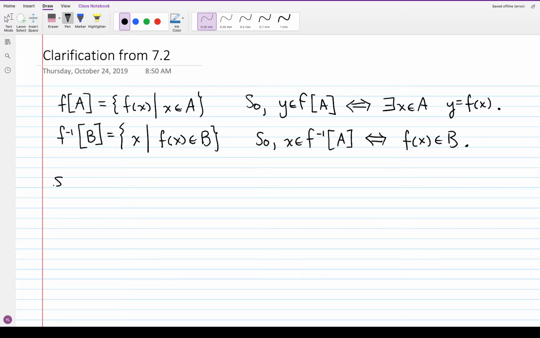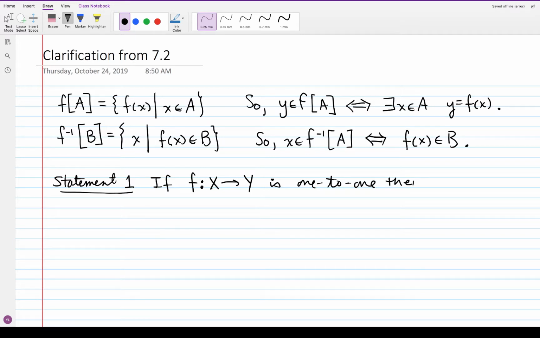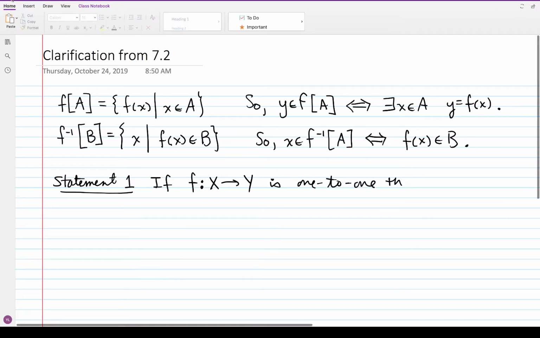Okay, so now let me run through the proofs of the statements that we were working with yesterday. Statement number 1 is that if f, I'll use lowercase f here because that's what I always end up doing anyway, if a function from X to Y happens to be 1-to-1, so that just means that no two different elements of the domain get sent to the same element of the range, then, also I have to take a subset of the domain.